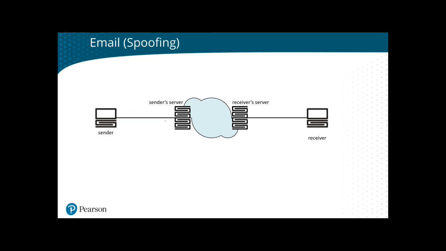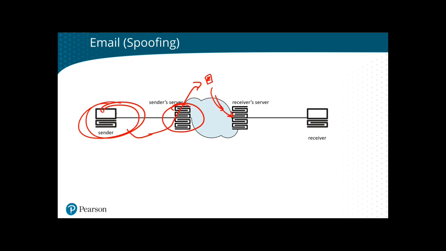It's actually very easy to spoof email. Why? Because if the receiver's server is open, which it almost has to be for many senders to get to it, you can create a fake server, send email using the sender's domain name and address, and make it look to the receiver like that email came from this server and this sender, even though it didn't.